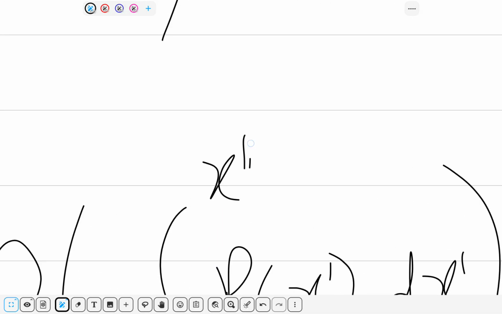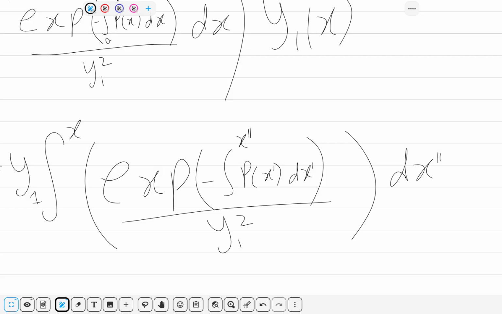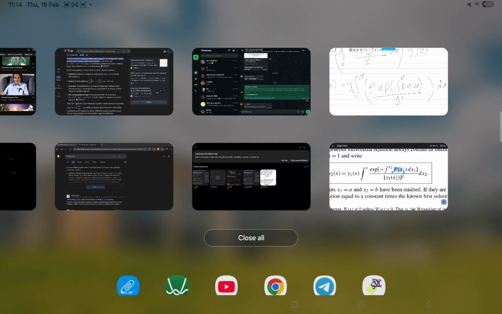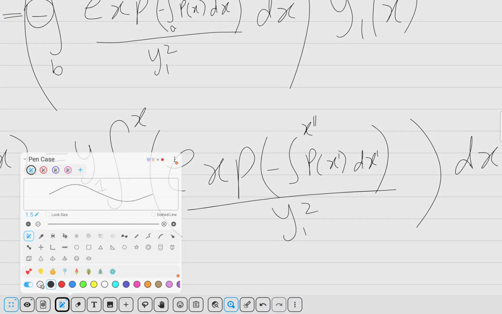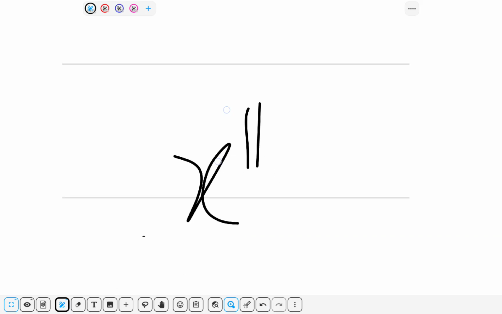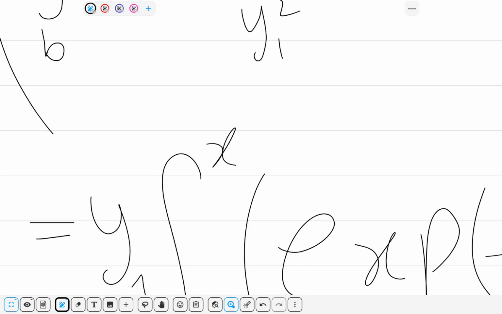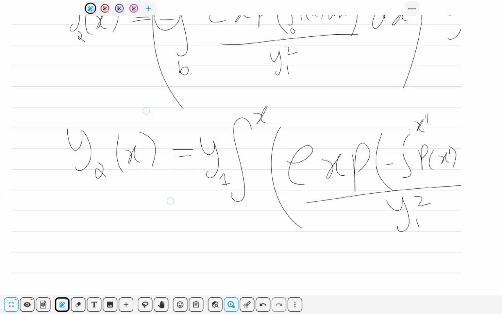Now we are good. And because these two are dummy variables, they will just get integrated up to finally give the x which is on the left side.